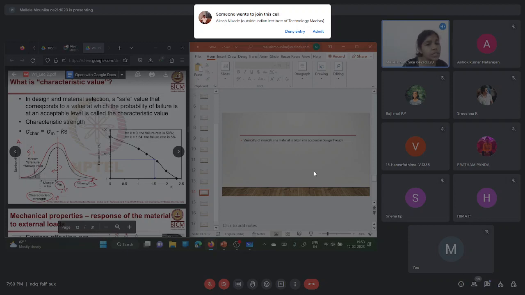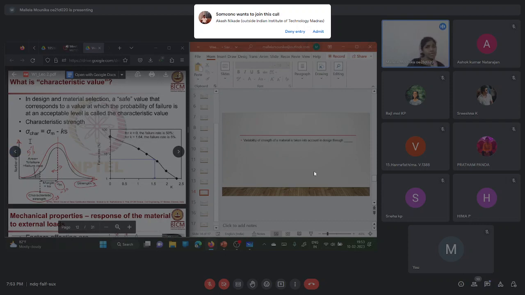The remaining 95% of the test results are in the no failure category. So if you take this characteristic strength value, there are only 5% chances of failure for the material which you have taken.